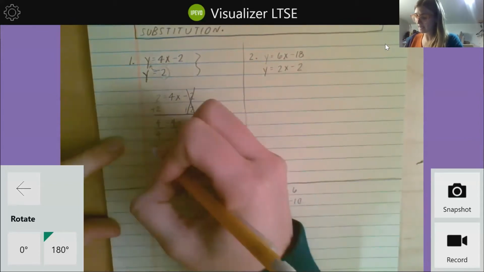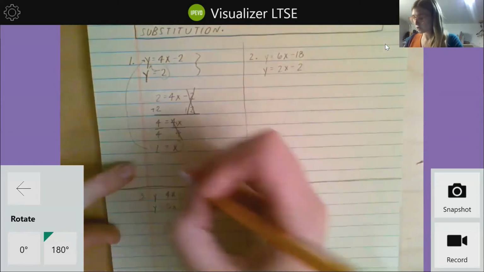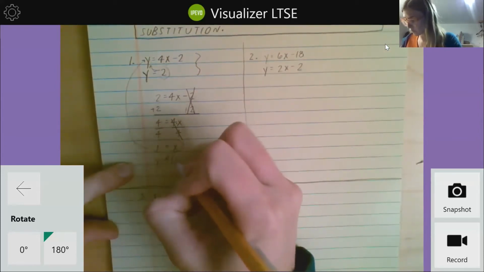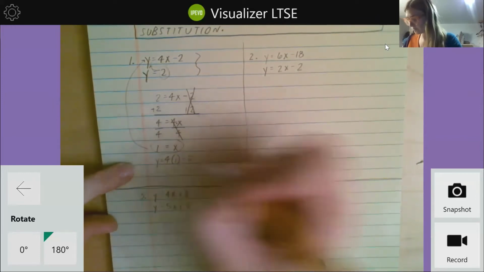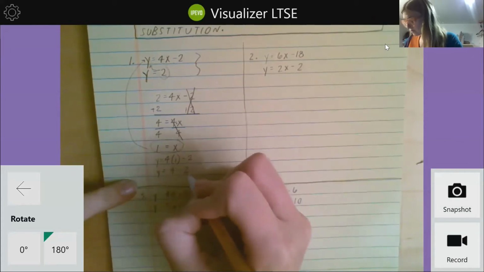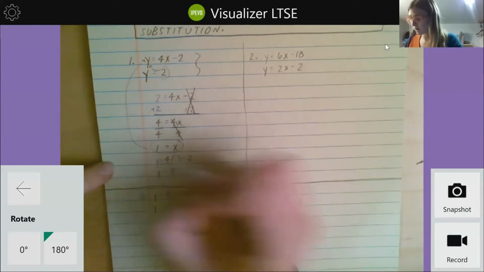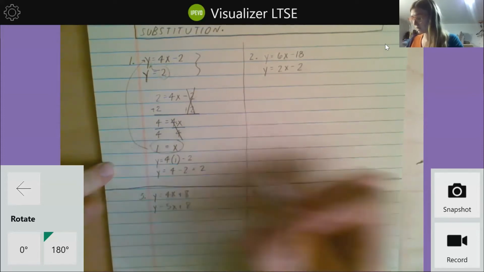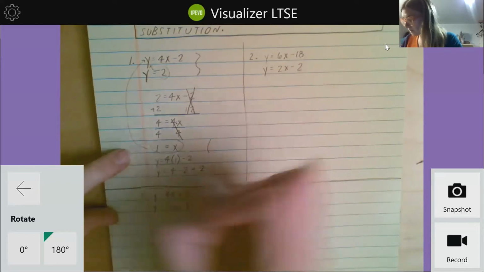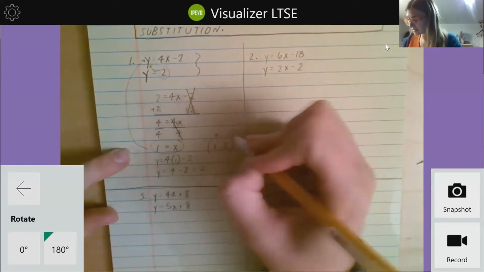And so I can plug it back in up here. So I'm going to get y equals 4 times 1 minus 2, which leaves me with y equals 4 minus 2, which equals 2. So x is equal to 1, y is equal to 2. So my solution to this system of equations will be 1, 2. Again, this is my x and my y.